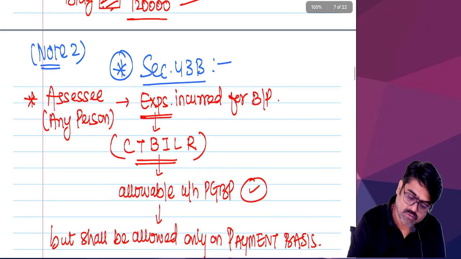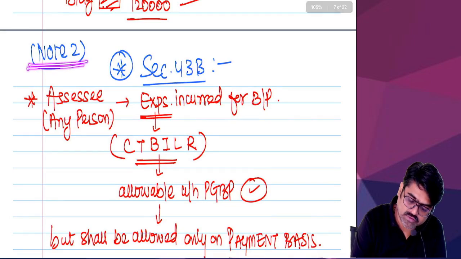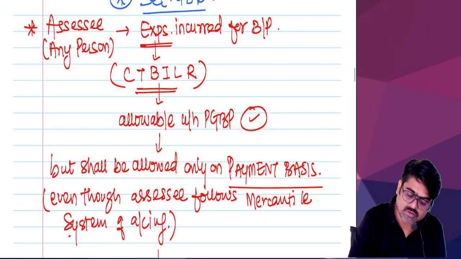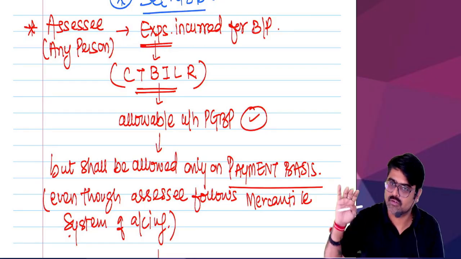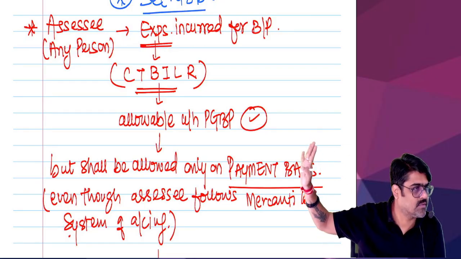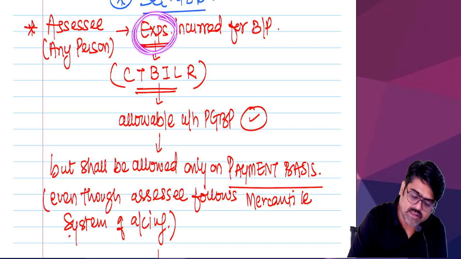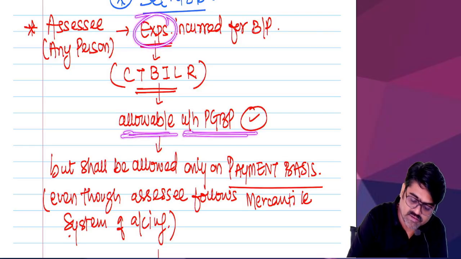Next one. Now see, this note number 2 is there now, 43B. I've already explained that there are certain expenditures, and I am going to discuss all these expenditures in detail in section 43B. Right now, don't worry about that. So there are certain expenditures which are allowable under the head PGBP. They are your business expenses only.